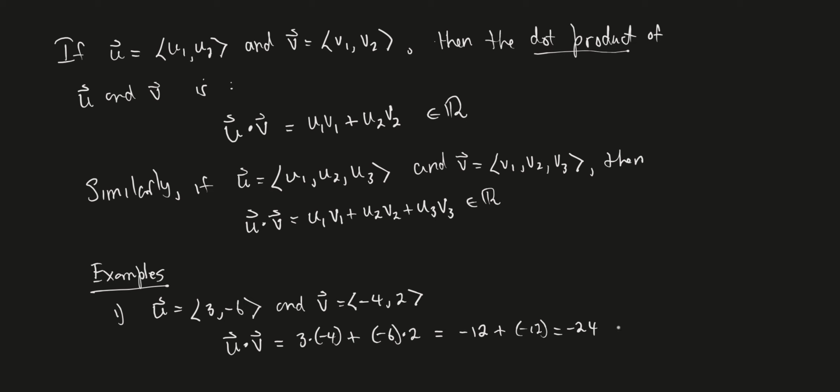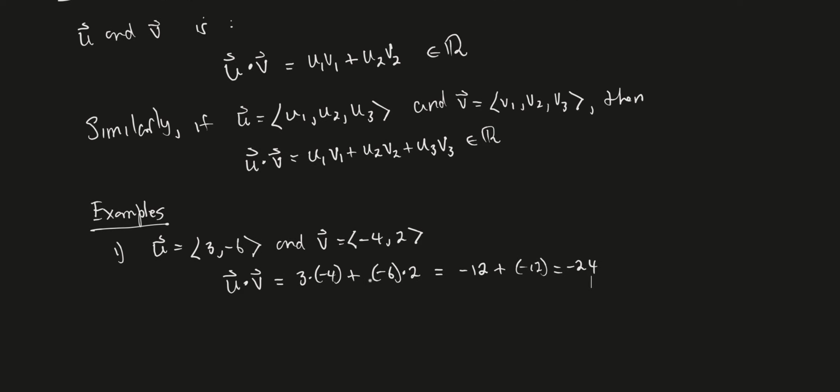Now you could get any number as an answer to a dot product question. Let's look at a 3D case. Just for fun, let's express these vectors in terms of the standard unit vectors. So u is i minus 3j plus 6k, and let's say v is -3i minus 5k.